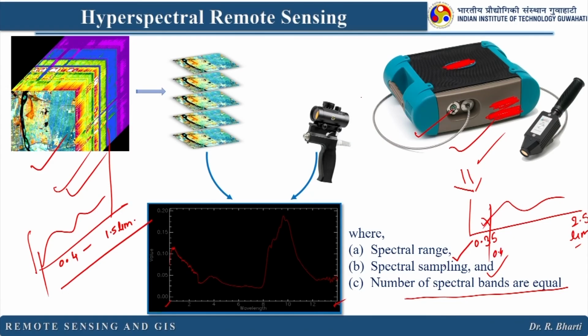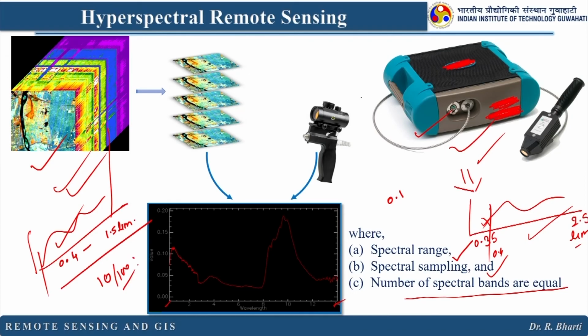Now the next is how many samples are there in this measurement and in this measurement. So here maybe it might have captured at the interval 0.1 nanometer, let us assume, but here it may be 10 or 100 nanometer.